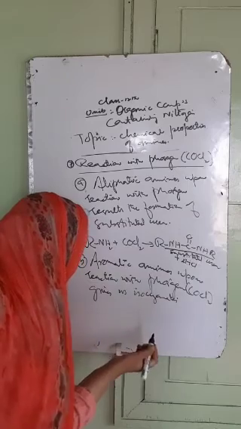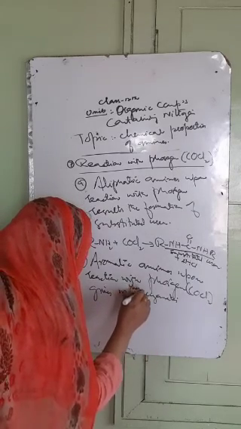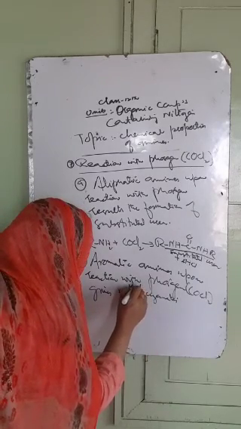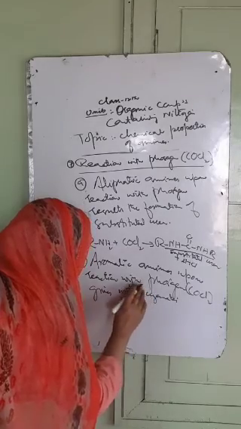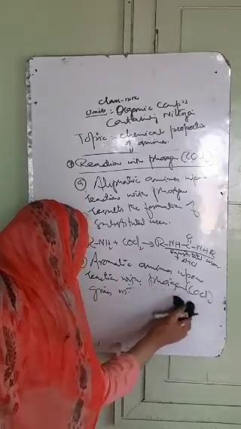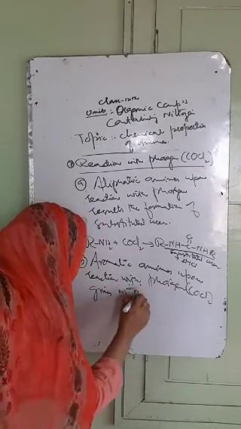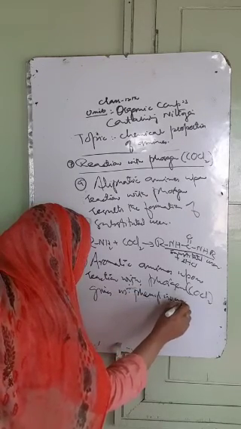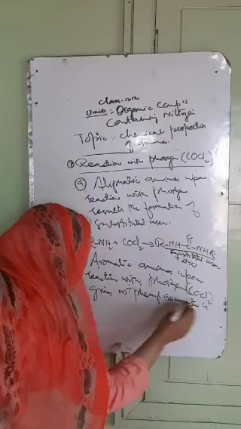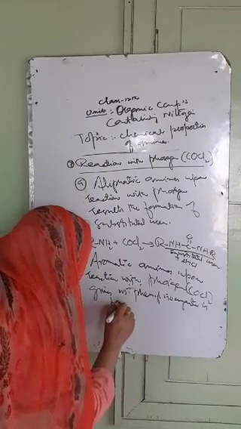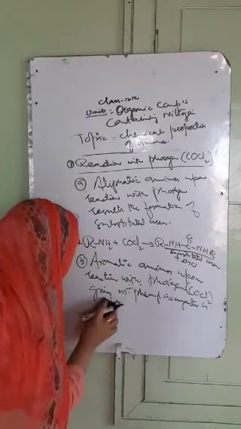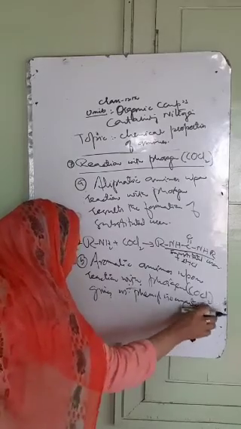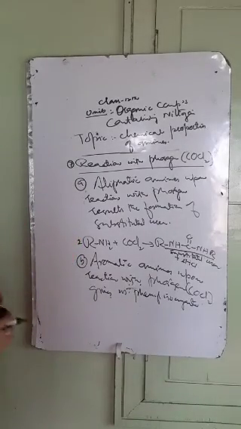Phenyl isocyanate is formed. So aromatic amines react with phosgene and give the phenyl isocyanate.